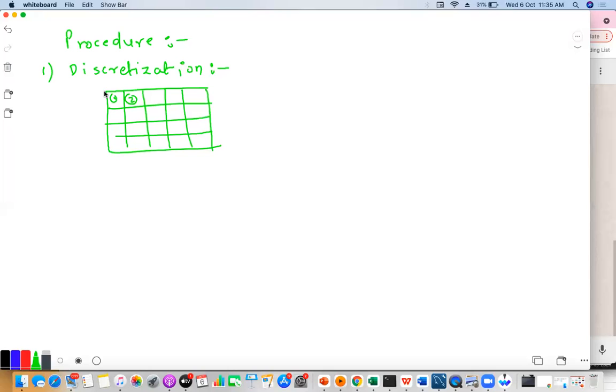That is discretization. And in this step, the type of element and size of element is decided. Okay, so this is discretization.